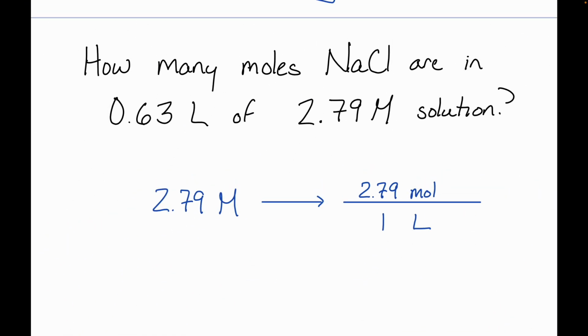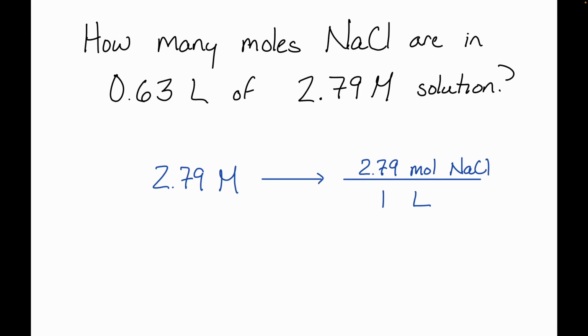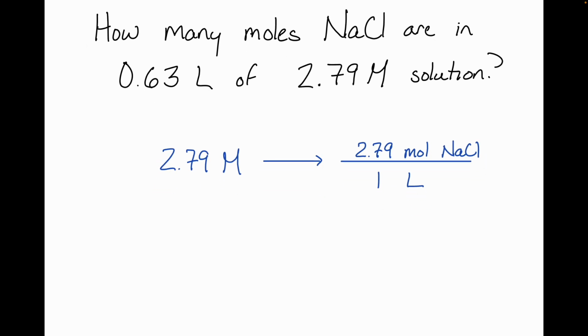In this case, our moles are that NaCl, our solute. Then we just set up our problem here with our 0.63 liters. Like any conversion factor, I can use it as is or flip it depending on what my unit setup is. In this case, I'm trying to cancel liters, so my liters will be on the bottom, and my moles of solute, NaCl, are on top.